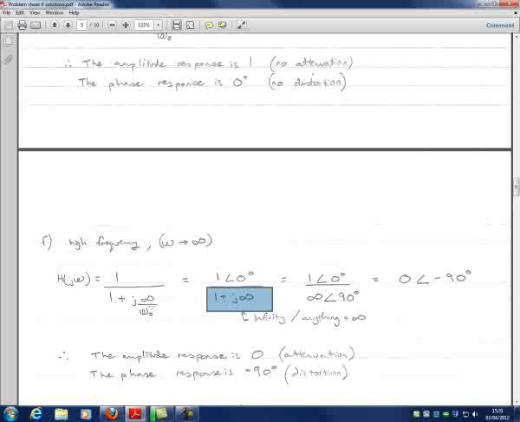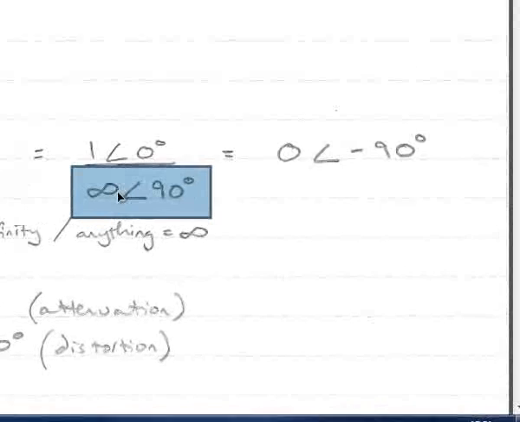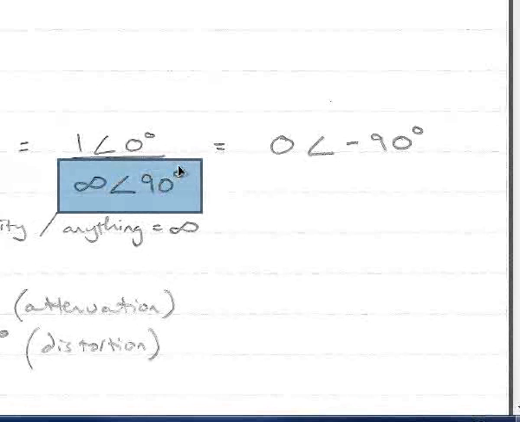This is infinity. Infinity divided by anything is still infinity. So we have 1 plus j infinity, and because the infinity term is so much bigger than this 1, we can ignore it. So we can just say this is j infinity alone. So it's just j infinity, which if we convert to polar form is infinity at an angle of 90 degrees.